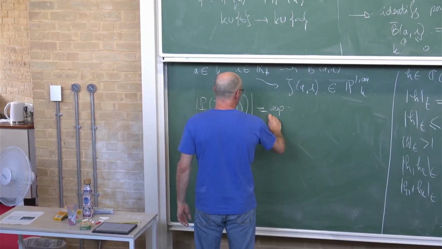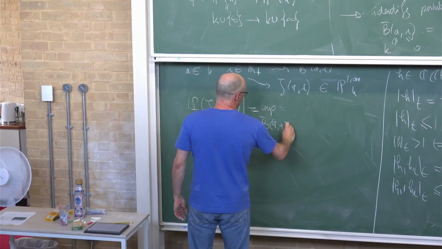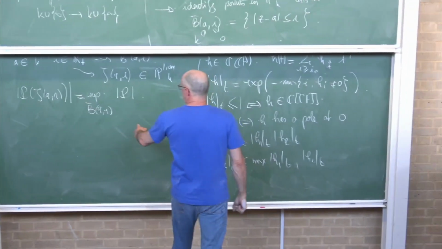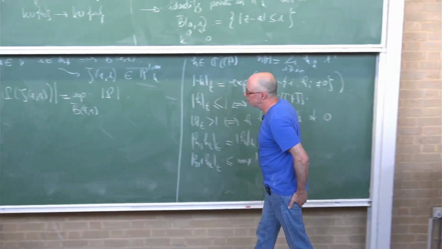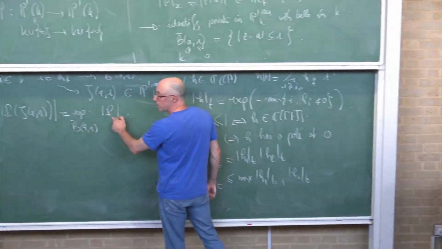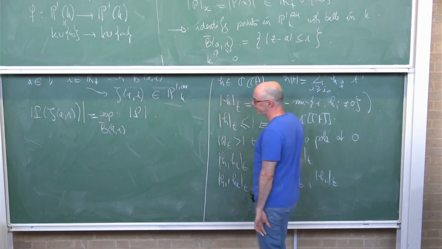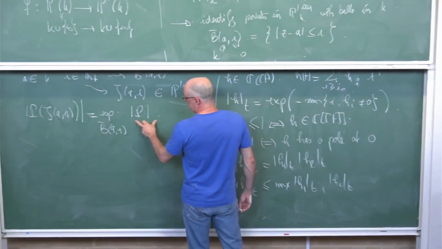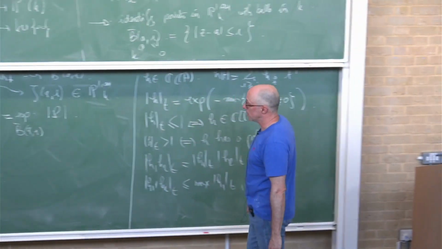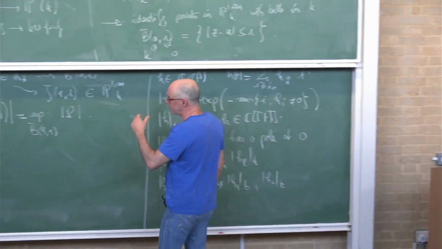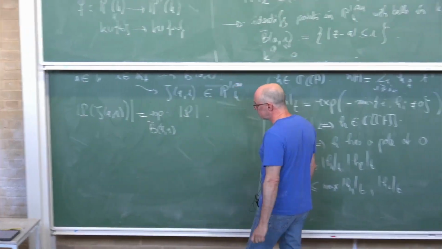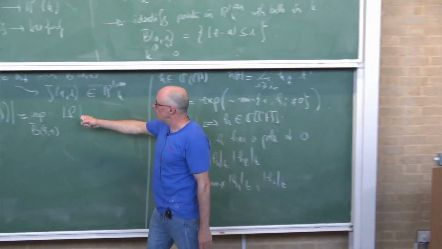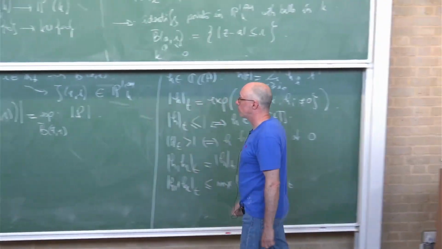The sup is always attained over that ball of the norm of P. So you look at all elements inside K in this ball, you evaluate P at that point, take the norm, which is a non-negative real number, and take the sup, like it's a max. Okay, and then you can check that, in fact, this thing is a multiplicative semi-norm. So this gives a point inside the Berkovich identification.